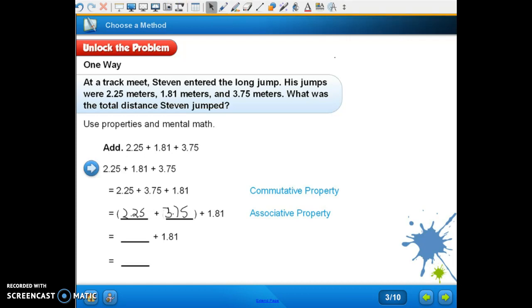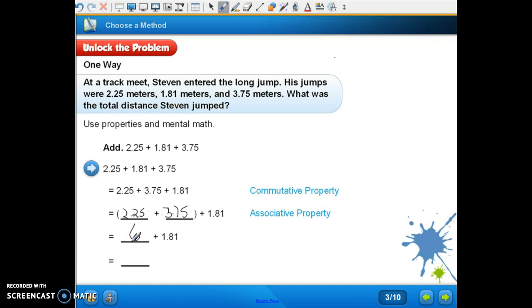What is 75/100 and 25/100 add to? 1. And what is 2 plus 3? 5. Plus the 1 from our hundreds. So now we have 6 here, the whole number 6. And that's a lot easier to add than the hundredths.